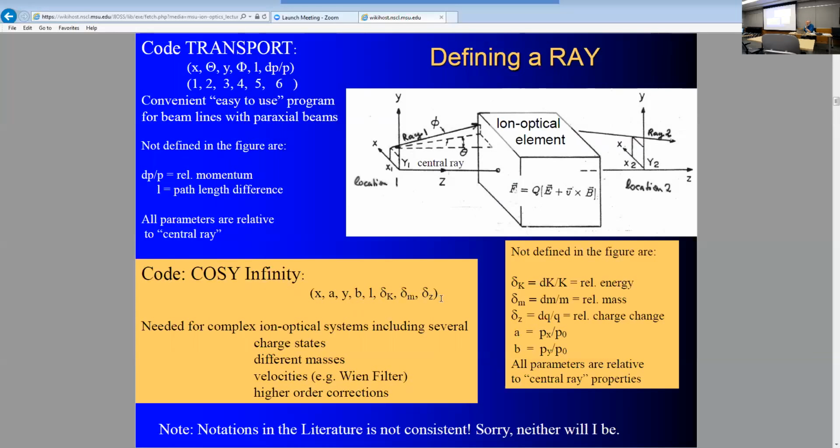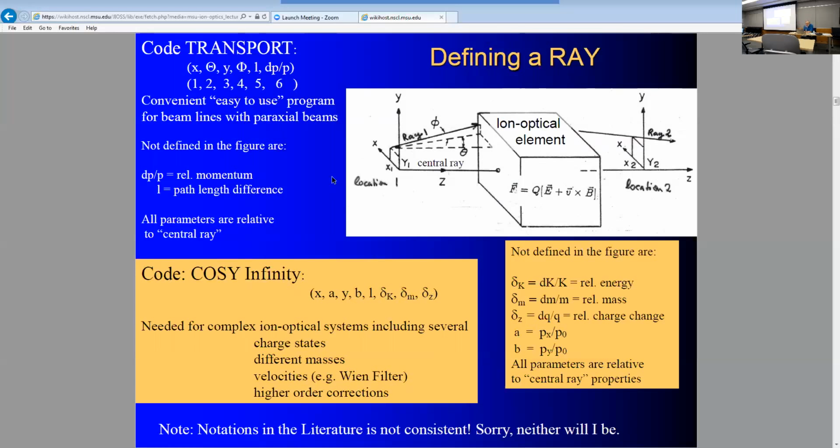One thing I should mention again, all these parameters are relative to the central beam. So the central beam has a certain direction, the central beam has a certain energy, etc., and everything is relative to that. So not the absolute angle or whatever, but all relative to the central ray.